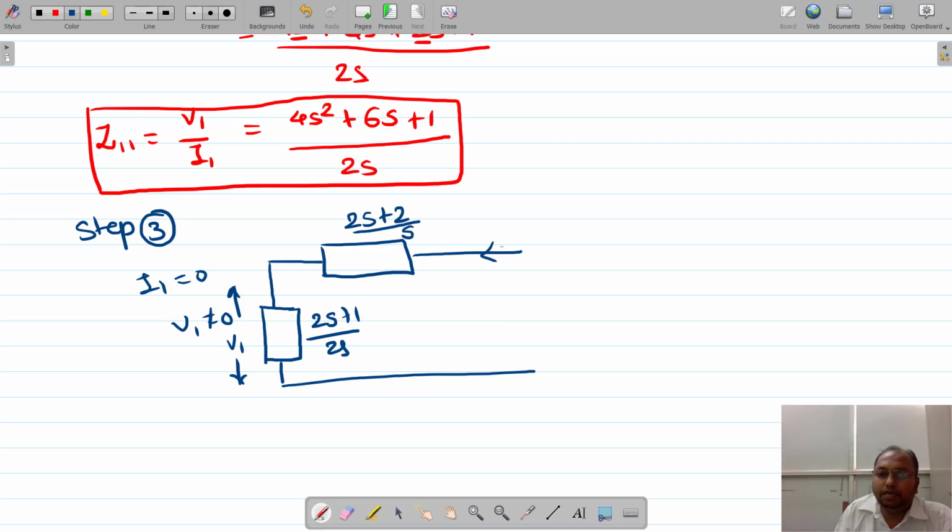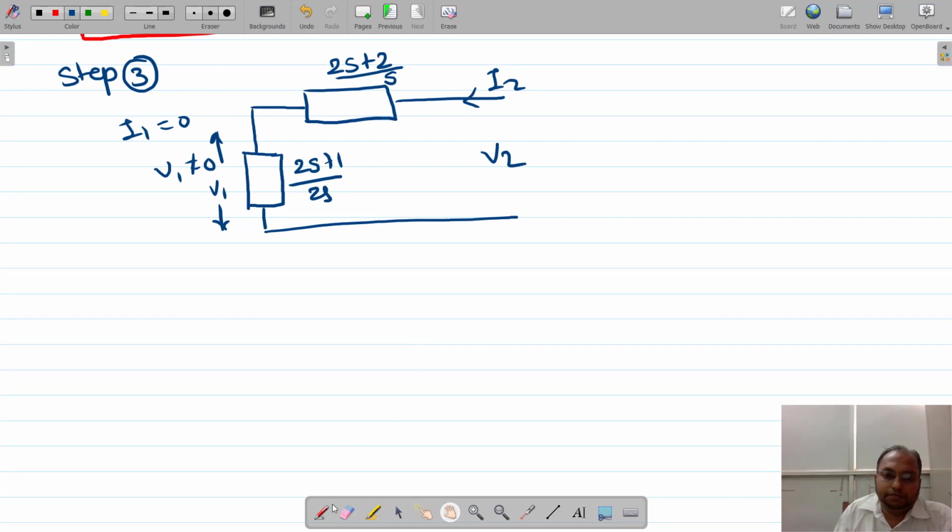Now let us apply KVL, find out Z22 first and then go for Z12. So V2 is equal to (2s + 2)/s, sorry, so it is nothing but s plus (2s + 1)/2s.